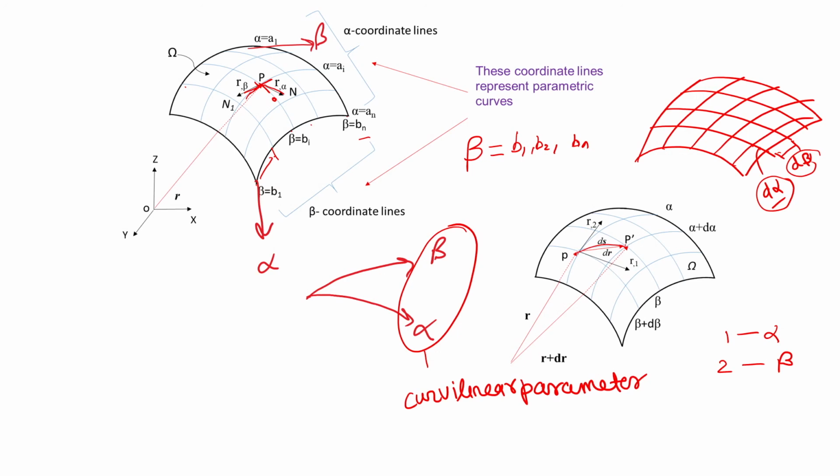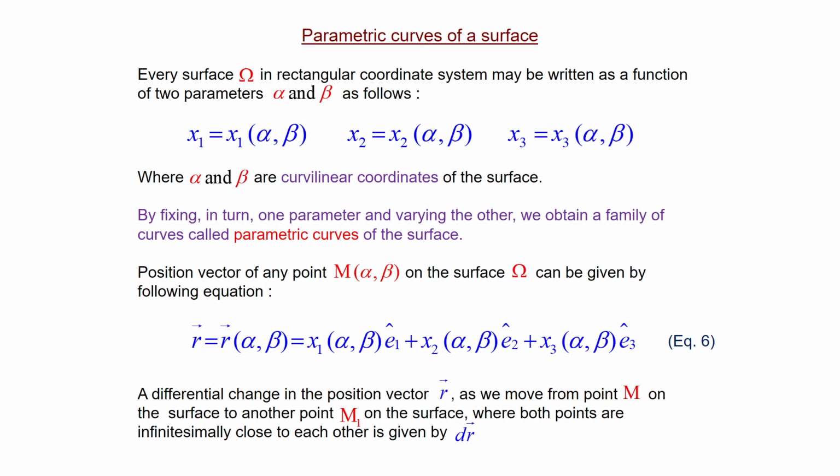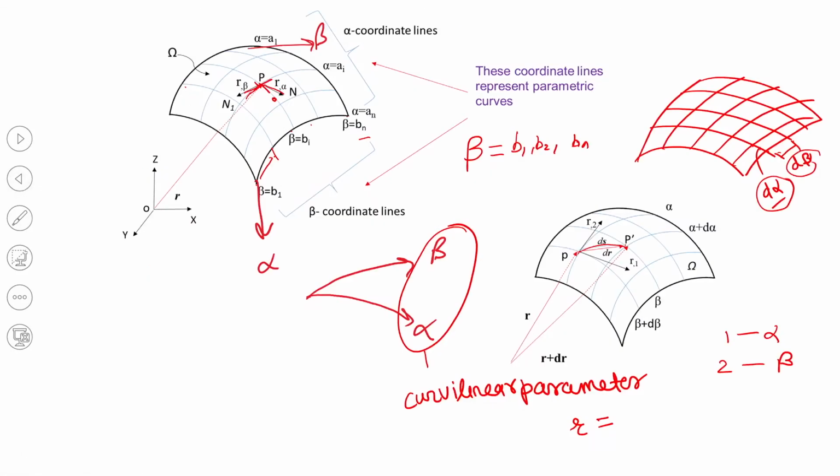So, we have position vector r and position vector r plus dr. Can we define r or dr? Every surface in a rectangular coordinate system may be written in two parameters alpha and beta. Here x, y, z basically can be written as x1, x2 and x3.